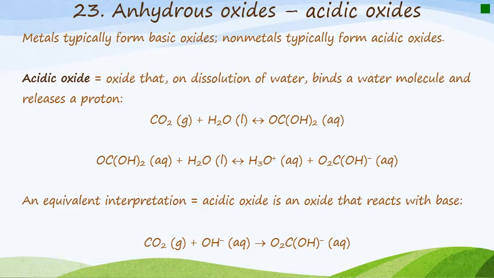Very good examples would be carbon dioxide going into water to form carbonic acid, and then that carbonic acid going into water to form the hydronium ion and the anion. We have an equivalent interpretation that if we put the carbon dioxide into a solution of base, we would get the same species altogether.